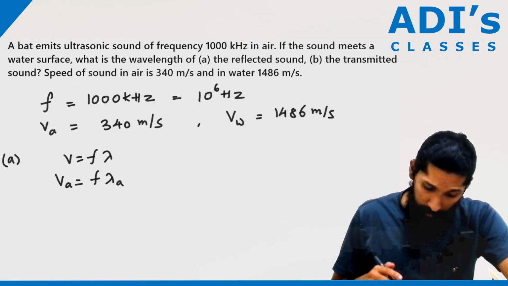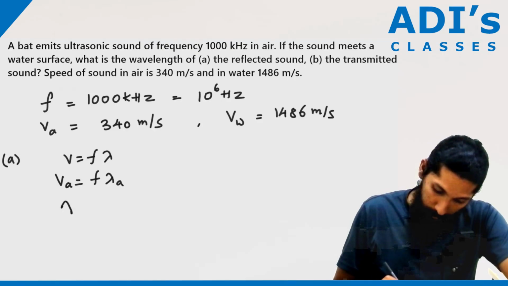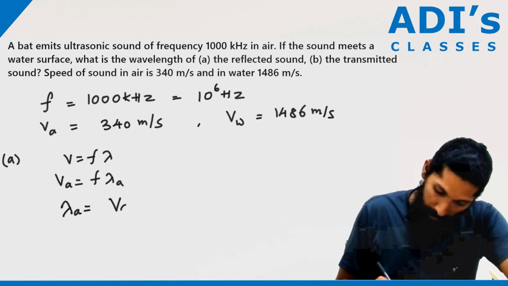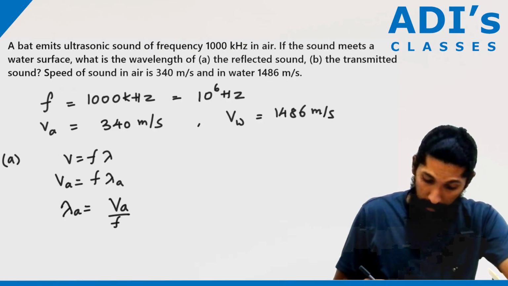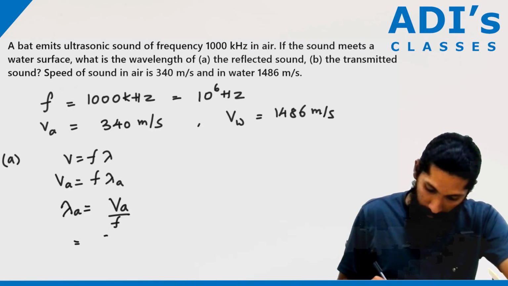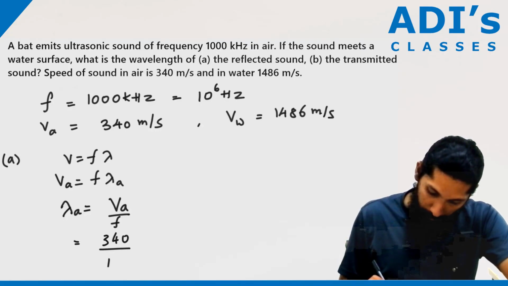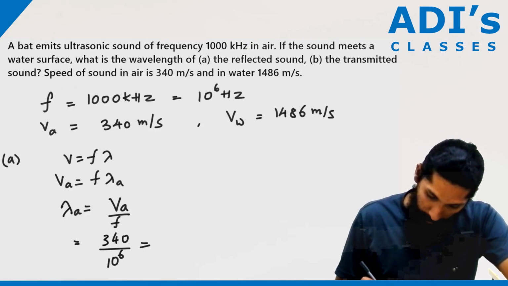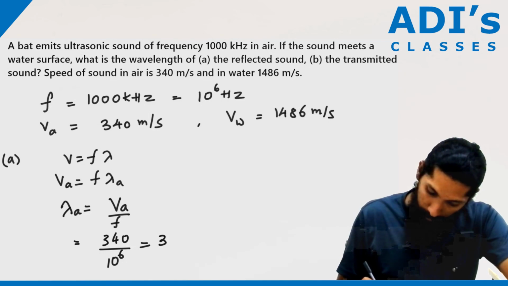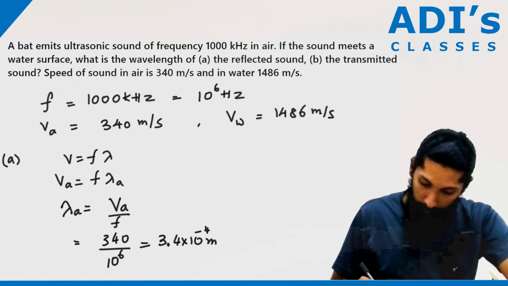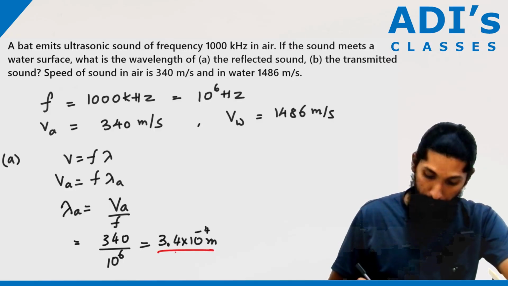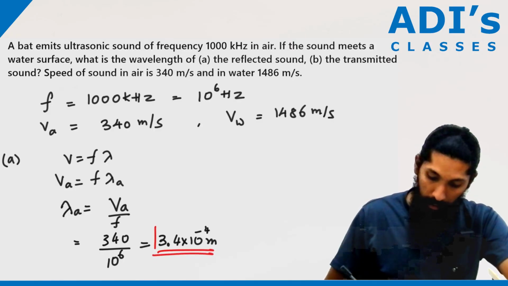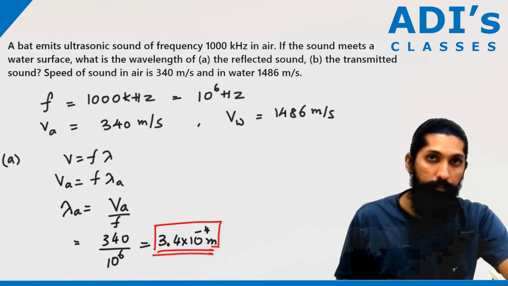So wavelength here, lambda A is equal to VA divided by the frequency, and velocity is 340 divided by 10 to the power of 6, which gives us a value of 3.4 into 10 to the power of minus 4 meter. This is going to be the answer for the first sub question.